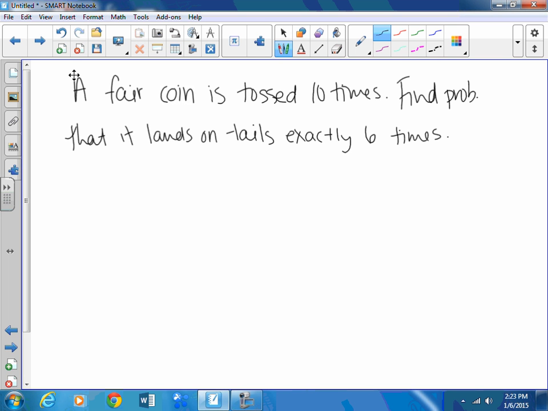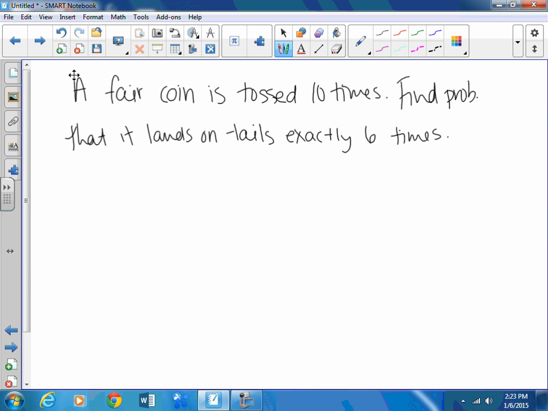Right, exactly 6 times. So this isn't given a fair coin toss 10 times, what's the probability of getting a tail? This is find the probability that tails is going to happen exactly 6 times. Alrighty? Well, remember, the probability of a head or a tail is 1/2. It's the same for both.